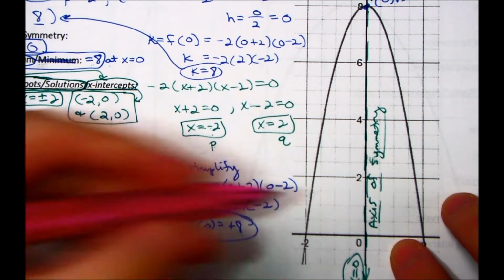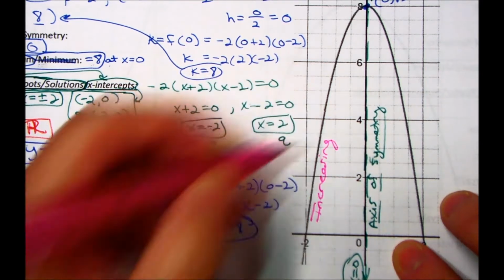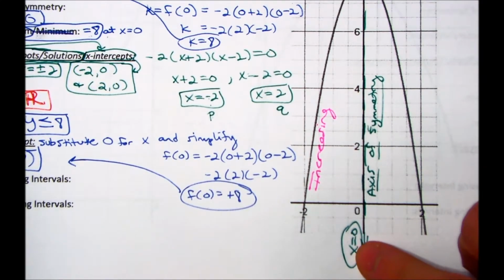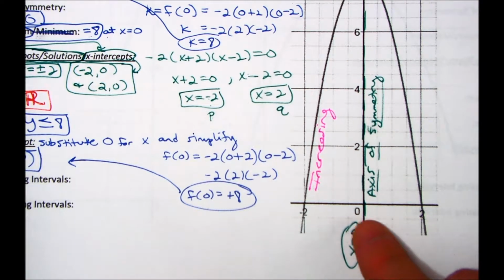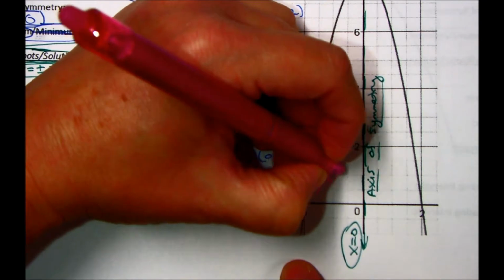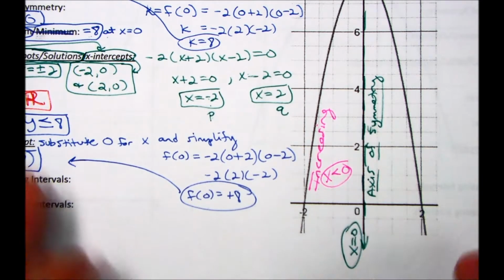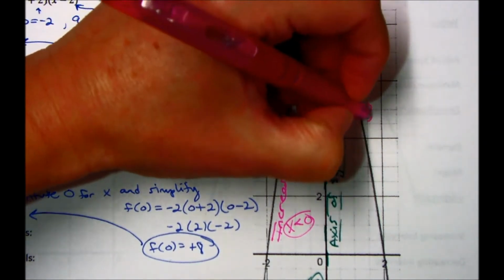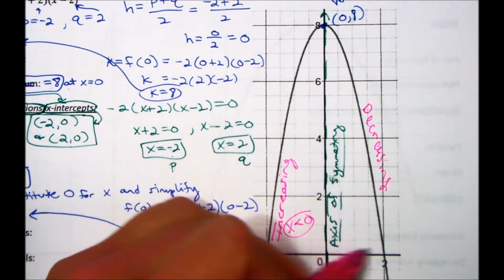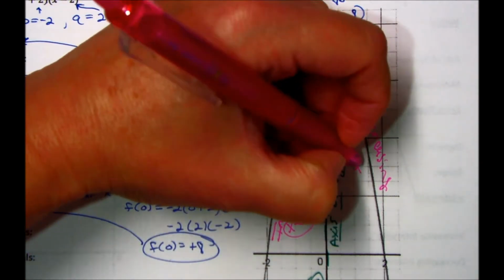So if we think about, well, if this is increasing, what are the x values on this left side of the parabola? Well, this is the line x equals 0. Anything to the left of that would have x values that are less than 0. So the increasing interval will be when x is less than 0. The decreasing interval this time is the right side, and all of these points have x values that are greater than 0.